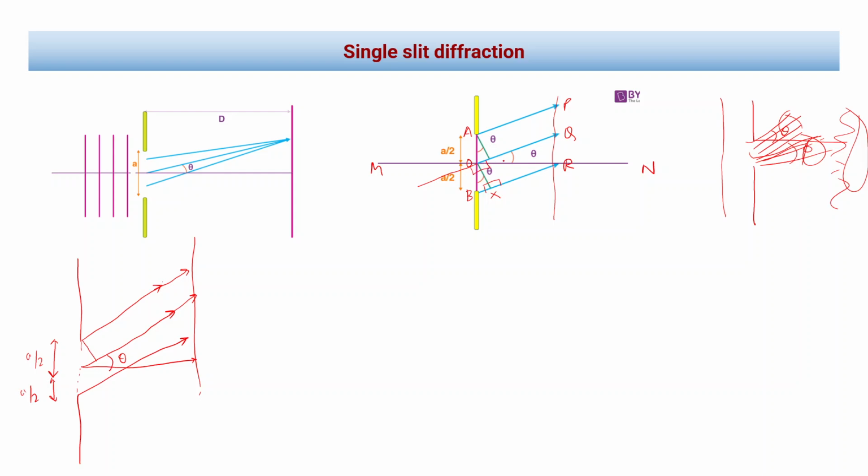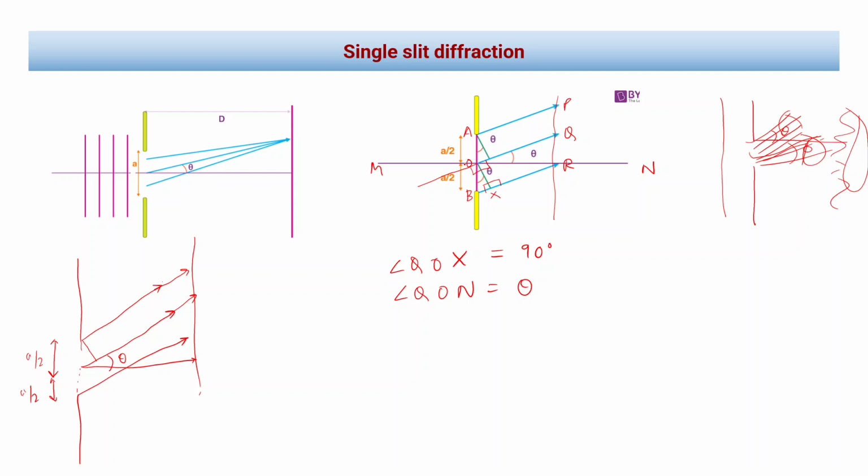Now, here if you see, this angle QOX is 90 degrees, and angle QON, which we started with and said that the light is bending by theta degrees, is theta.